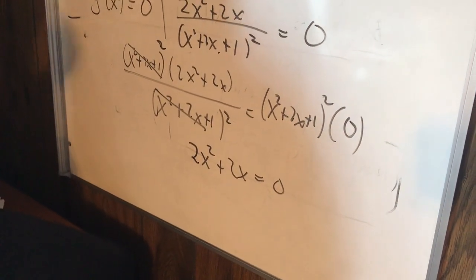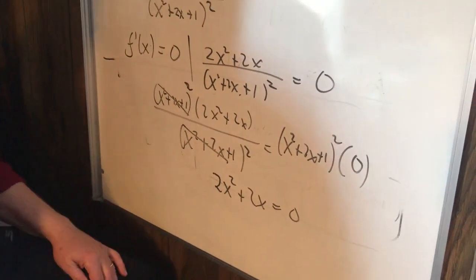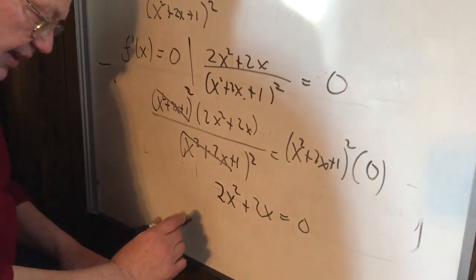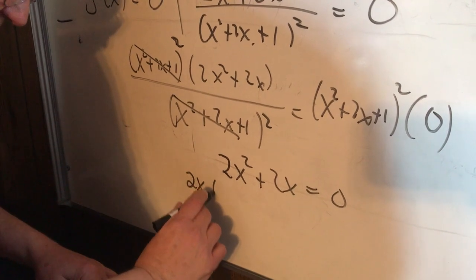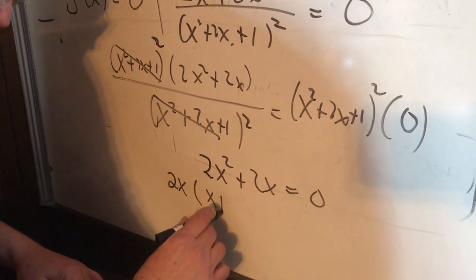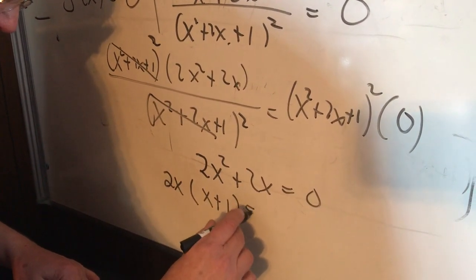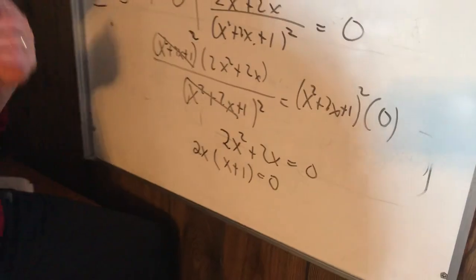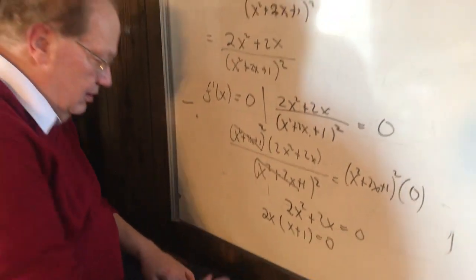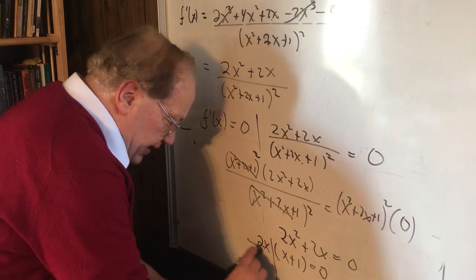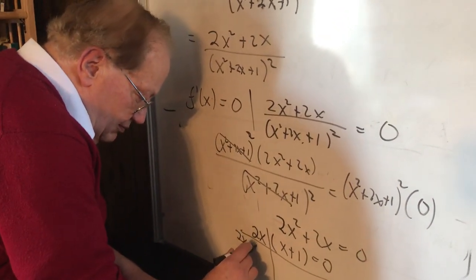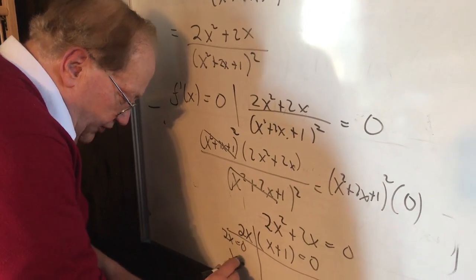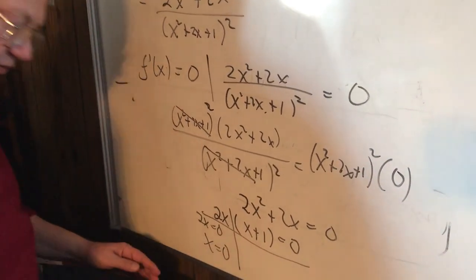Now what I want to do is factor out the x. So let me factor out a 2x, and that gives me x plus 1 equals 0. Okay? So now if I take my thing here, I'll have 2x equals 0, so that x equals 0 is one of my solutions.